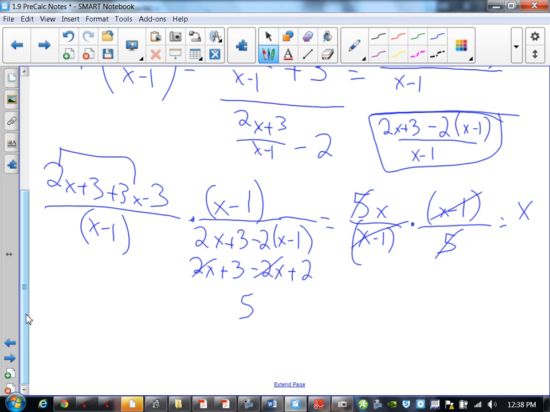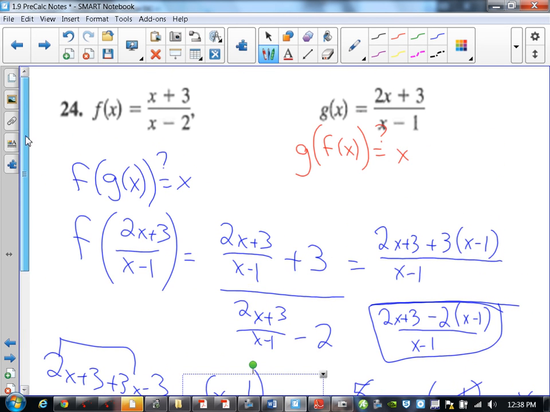Do you want me to go through the other part of that? Okay. Usually what'll happen here, sometimes you'll miss that sign, negative 2, negative 1.